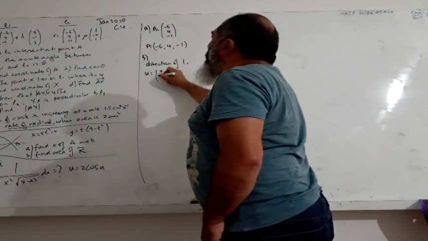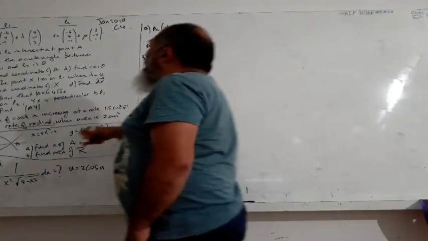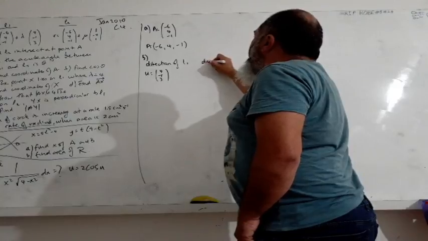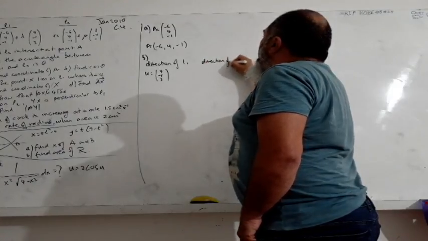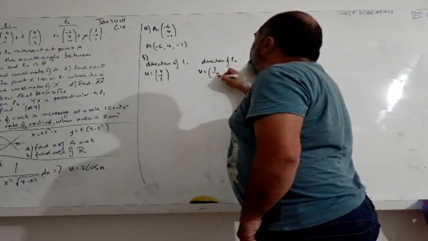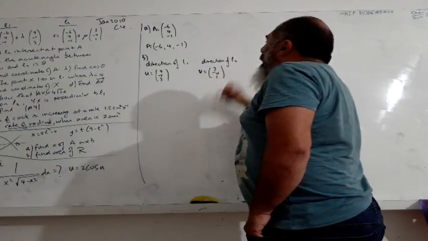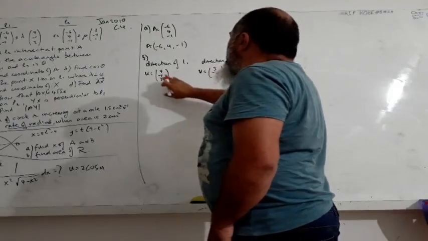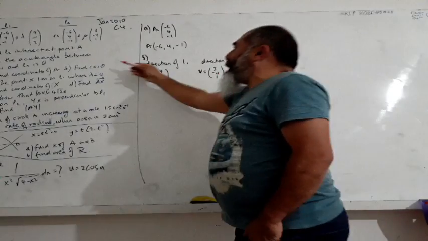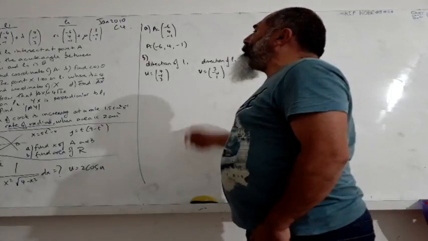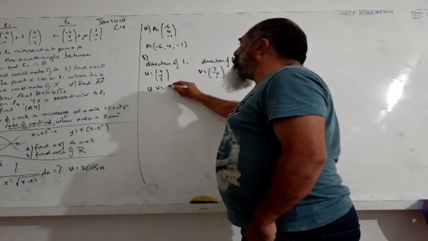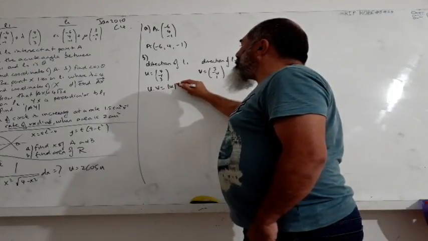And the direction of line L2, call it V, is 3, minus 4, 1. When we talk about angles, we have to use the dot product rule, which is U dot V is equal to magnitude of U times magnitude of V cosine theta.